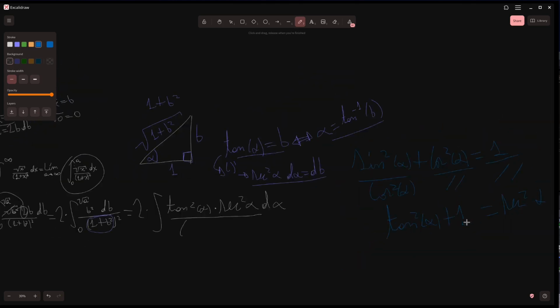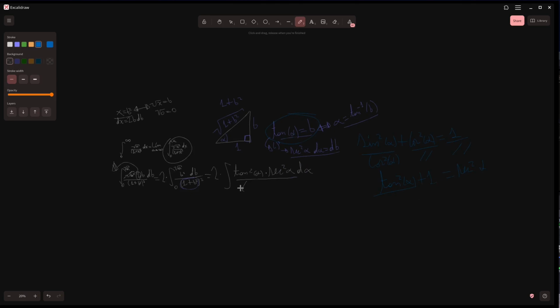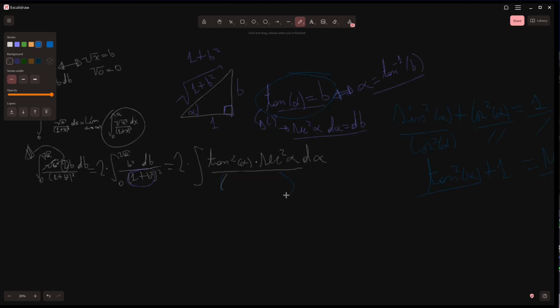So we know that v is equal to the tangent, so v squared is equal to the tangent square of the angle. Therefore, this entire expression here, 1 plus v squared, should be the tangent square of the angle plus 1, which is the secant square of the angle. So we can just replace this with the secant square of the angle.